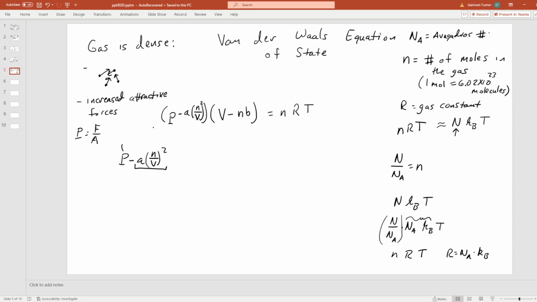And the way to measure that is to look at the ratio of the moles to volume, and a is a coefficient to be determined by experiment.